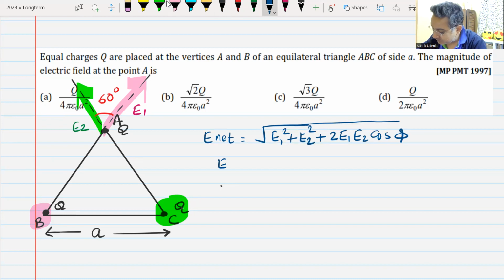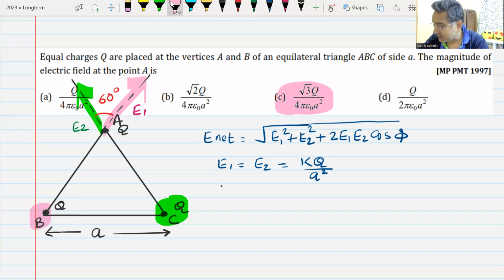And the value of E1 is equal to the value of E2, that is KQ by A square. We understand this, yes or no? Yes, sir. So KQ by A square will come out. You will have 1 plus 1 plus 1. 1 plus 1 plus 1 is 3 under root 3. And the correct answer would be something like this. We understand this? Yes, sir.